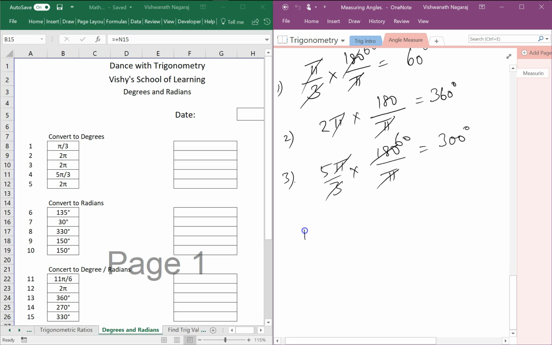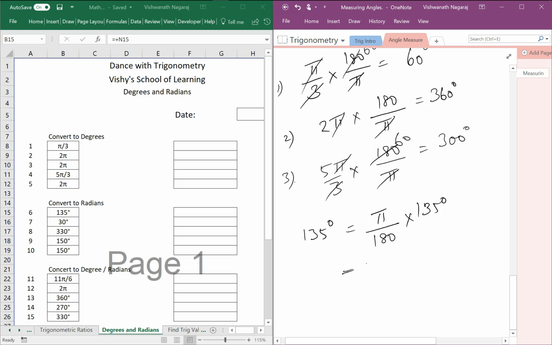Now let's do the other way around. We want to convert 135 degrees. In this case you want pi to appear, so the numerator has to be pi and the denominator 180, into 135.